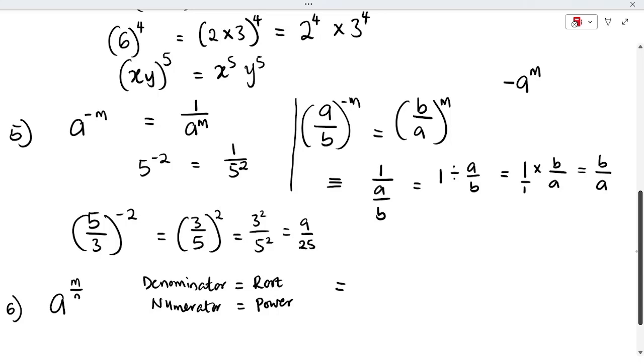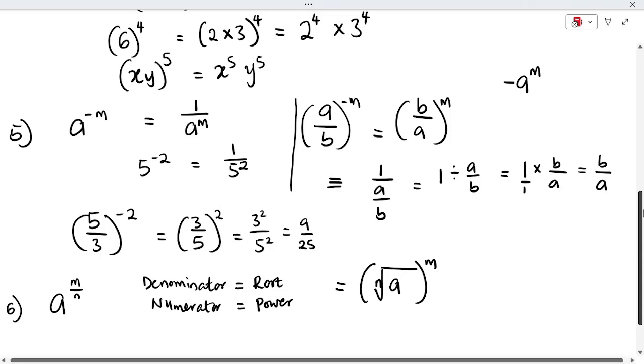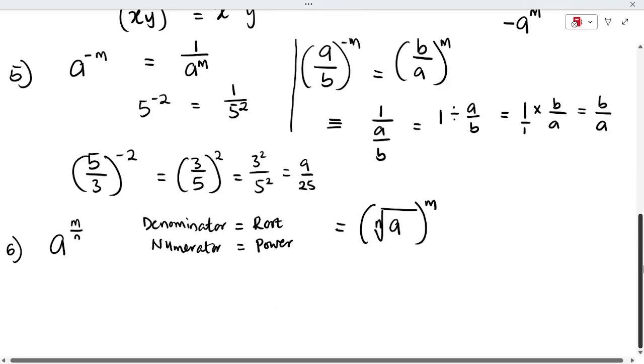So in the fraction, n is our denominator. n becomes a root, so we simply have the nth root. We still have the base, and then the numerator, which is m, remains the power. So it is just that straightforward.